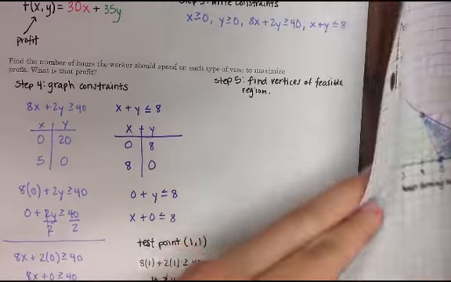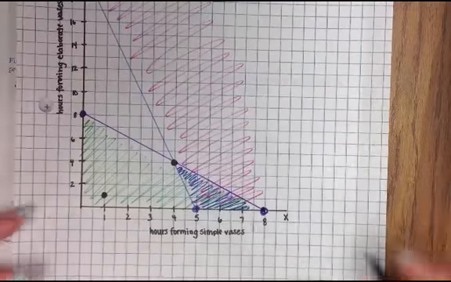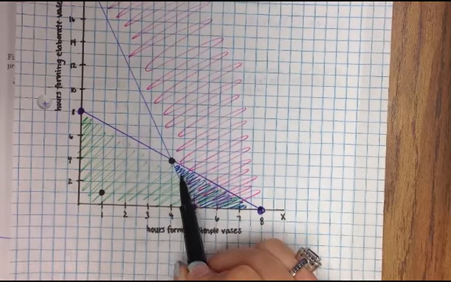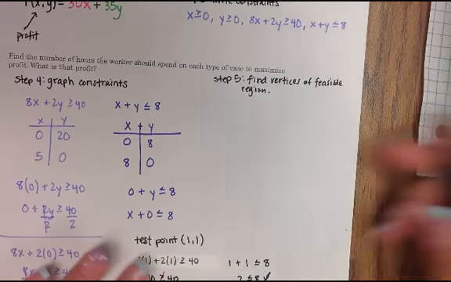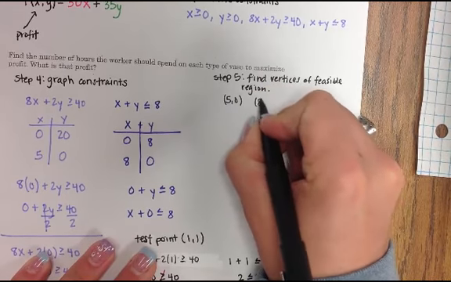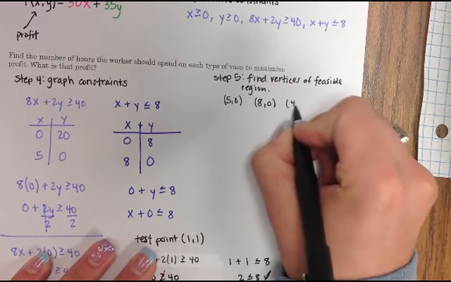So our vertices, looking at our graph of our feasible region, were 5, 0, 8, 0, and 4, 4.